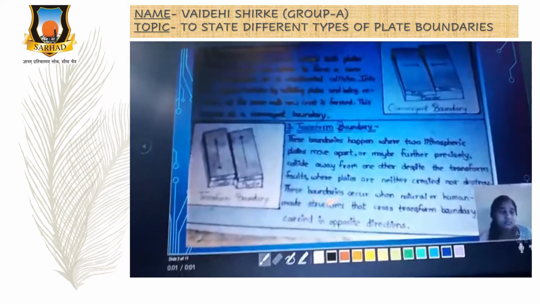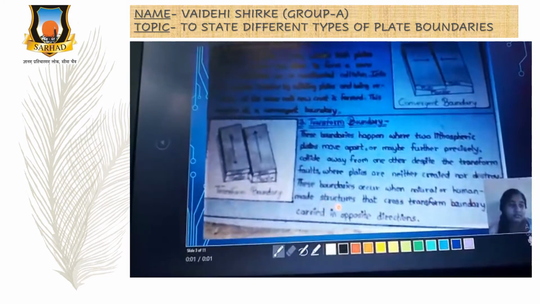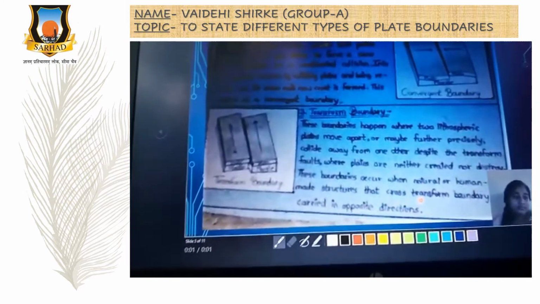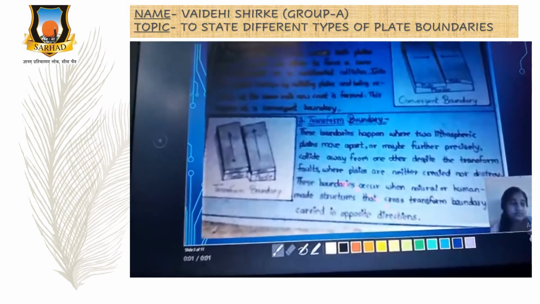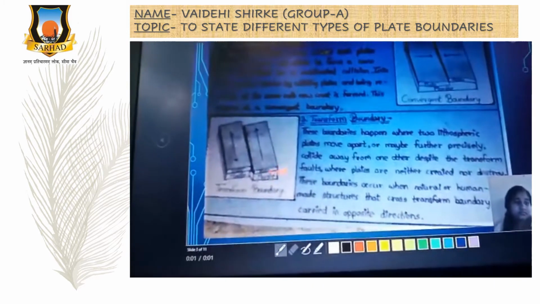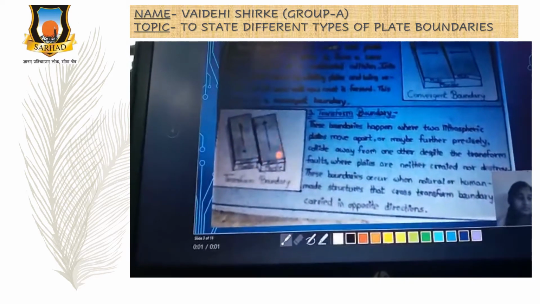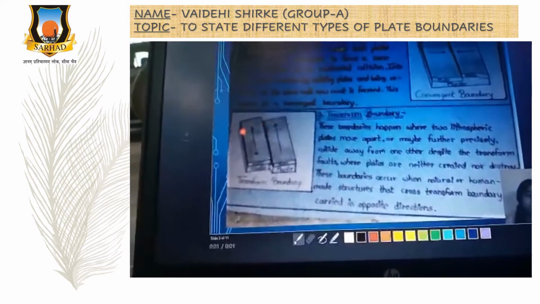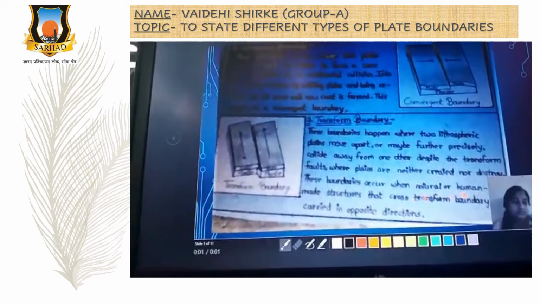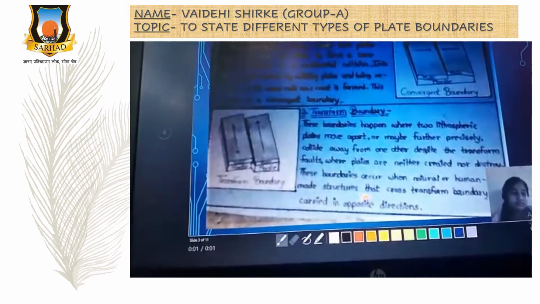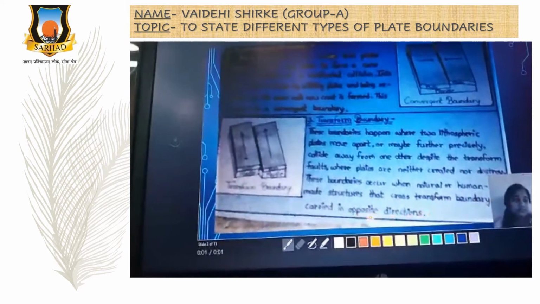These boundaries occur when natural or man-made structures that cross transform boundaries are carried in opposite directions. Means transform boundary happens where 2 lithospheric plates move apart from one another, and this boundary occurs when natural or man-made structures cross the transform boundary and are carried in opposite directions.